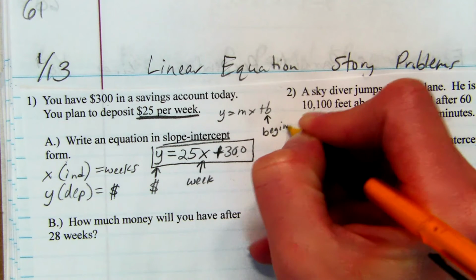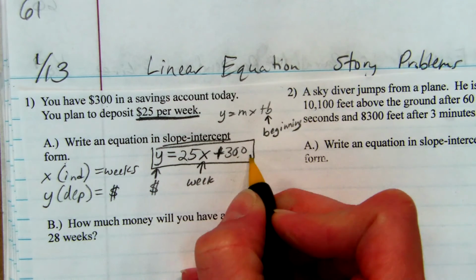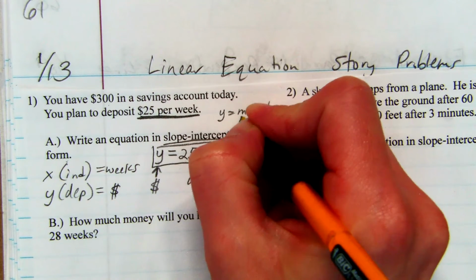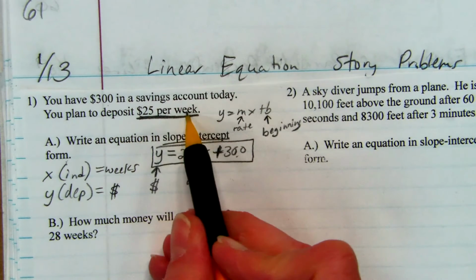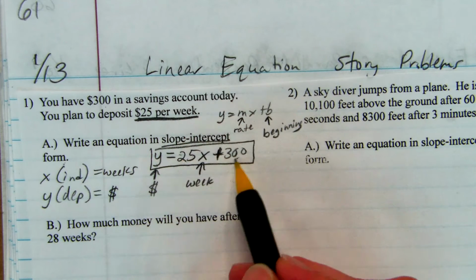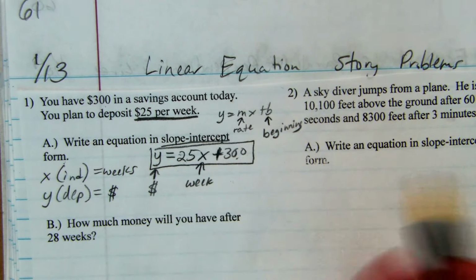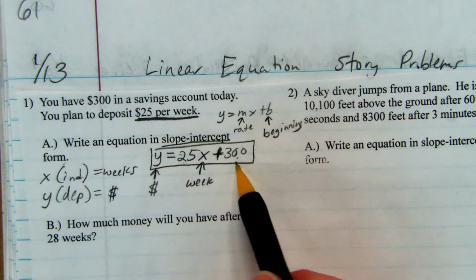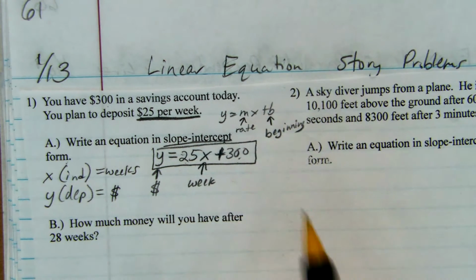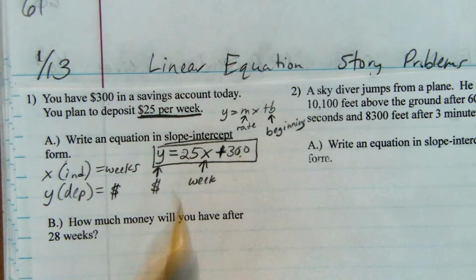It's like what you started with. So on this problem, that was the $300. The m is usually some sort of rate. So in this case, it is $25 per week. That is the answer for slope-intercept form. Why is that easy? Because it's the first one. The other ones are more difficult than this one. Okay, so this one is easy because it's the first one.